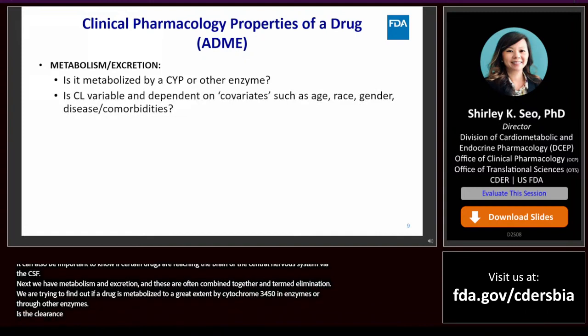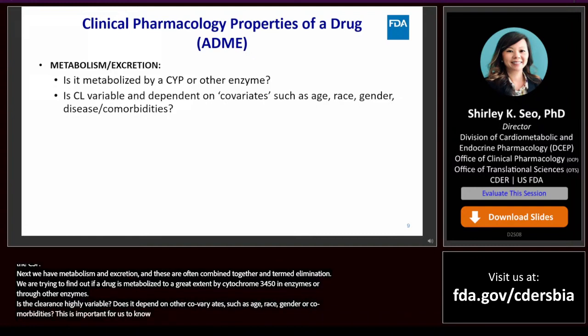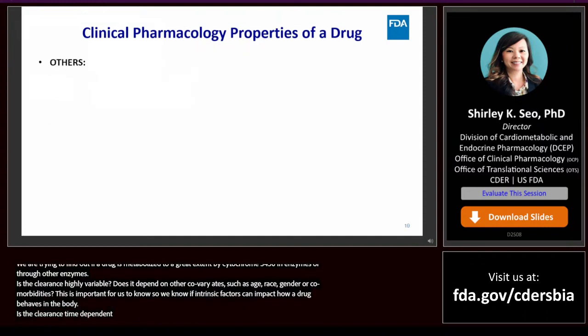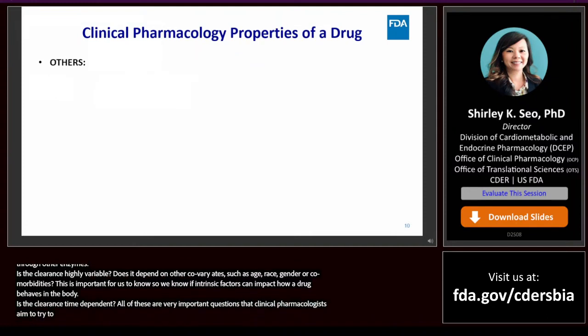Does it depend on other covariates such as age, race, gender, or comorbidities? This is important for us to know so that we know if intrinsic factors can impact how a drug behaves in the body. Is the clearance time dependent? All of these are very important questions that clinical pharmacologists aim to try to answer.